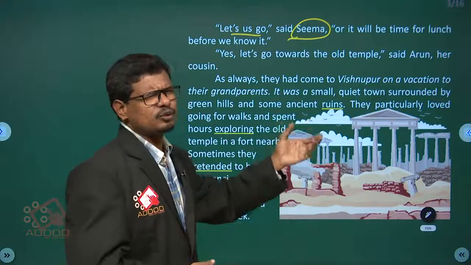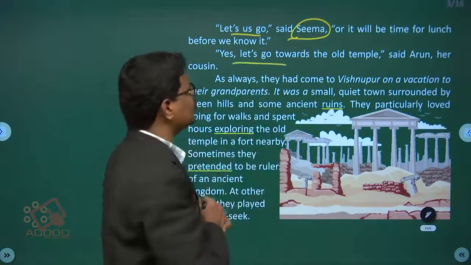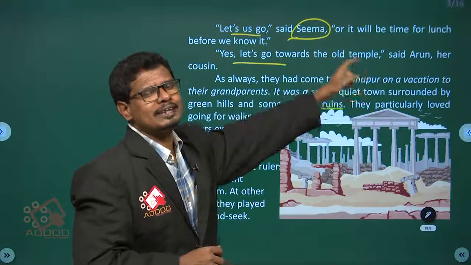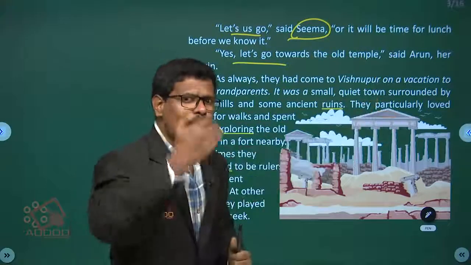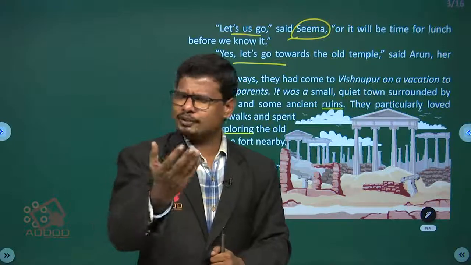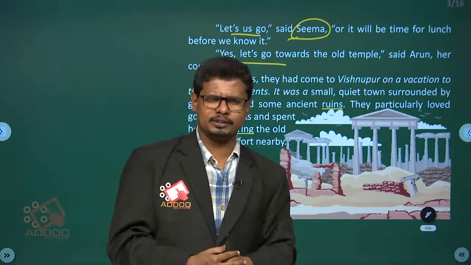So let us try to know what it is that they are trying to know. Yes, let's go towards the old temple. Let's try to go to the old temple and let's try to know a little about it. When we go to a particular place, if it is a tourist spot, we prefer going there if it is our first visit.